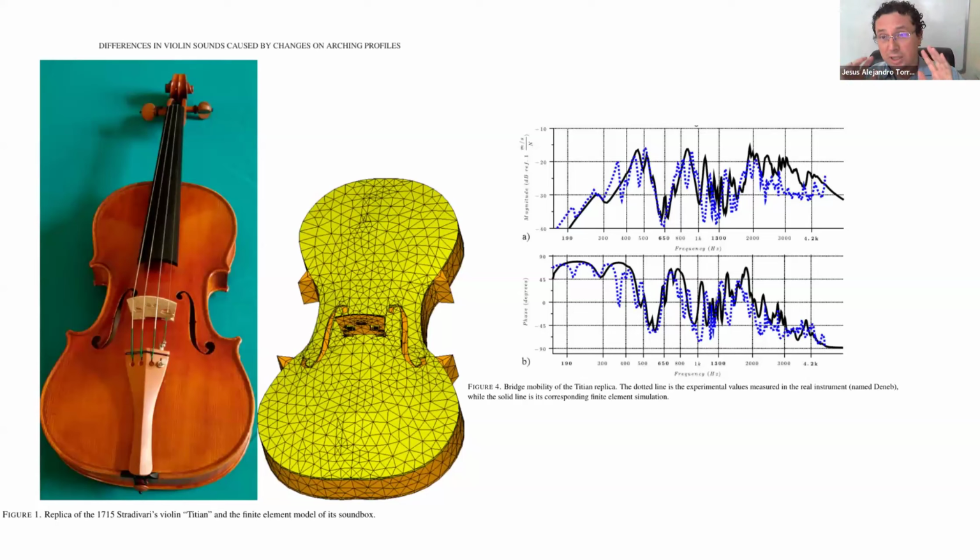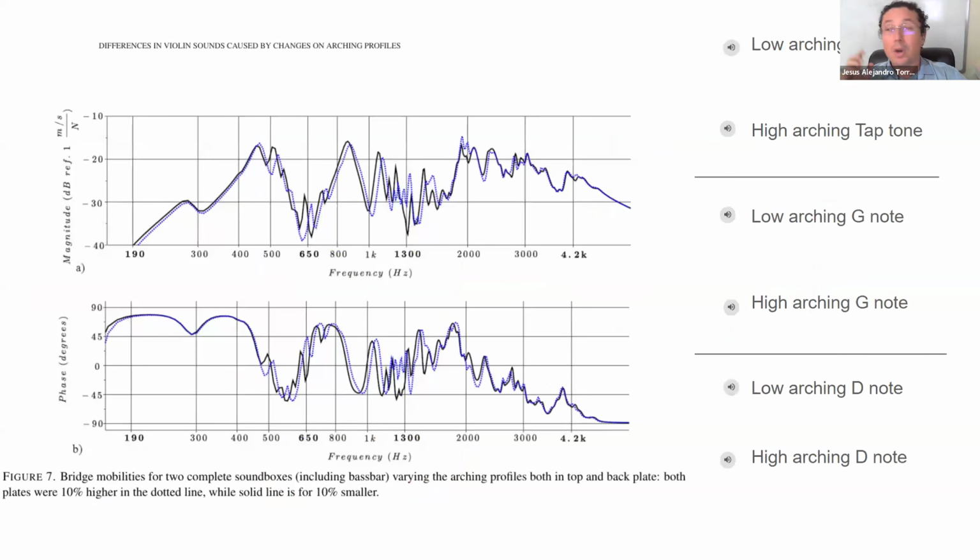And we consider that the disagreement between experiments and simulation is acceptable. Of course, if you want peaks matching perfectly, this is a task for another kind of work. What we want to show is what happens if you are lowering the arching profile or if you have a higher arching profile.